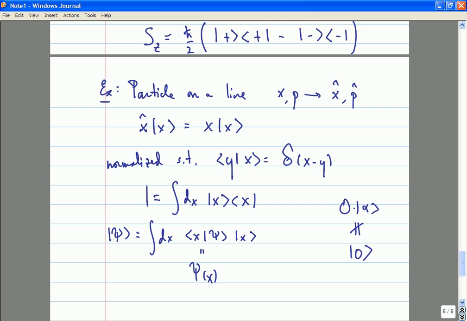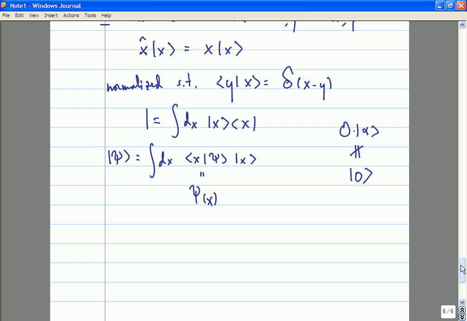Okay. So likewise, one could expand the corresponding bra vector in this basis. And the expansion coefficients here then would be the wave function for the dual state, which, as you can check, based on the properties of the inner product, is now the complex conjugate of the wave function psi of x.